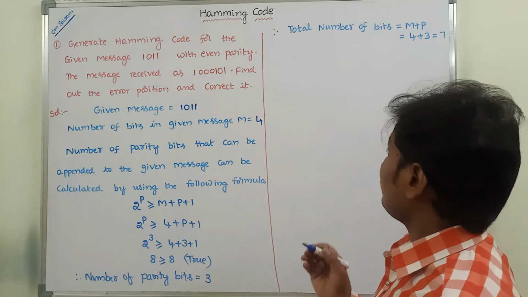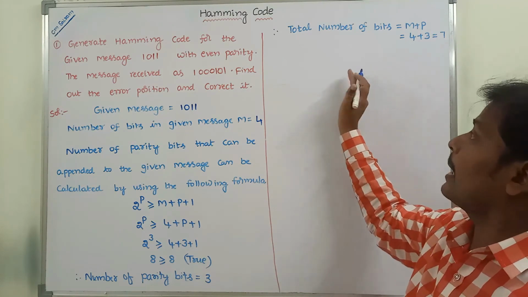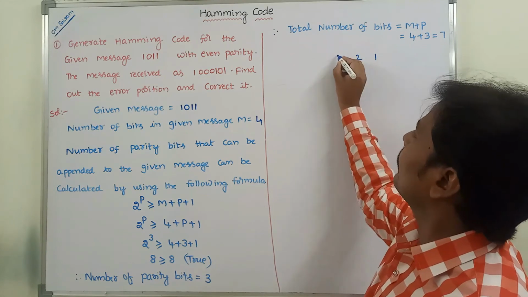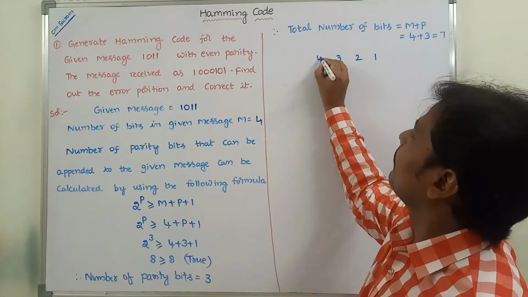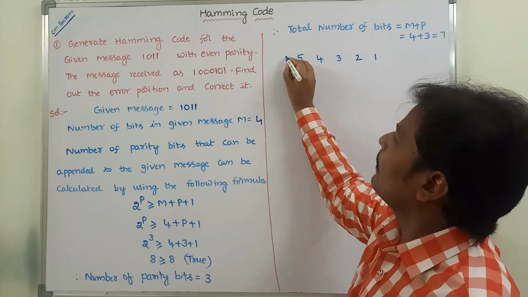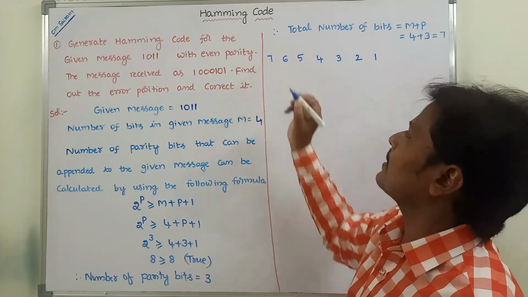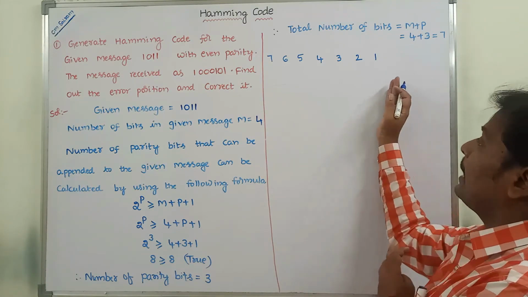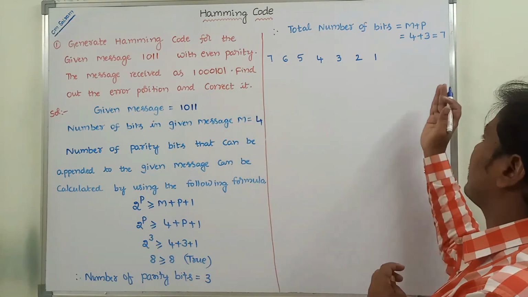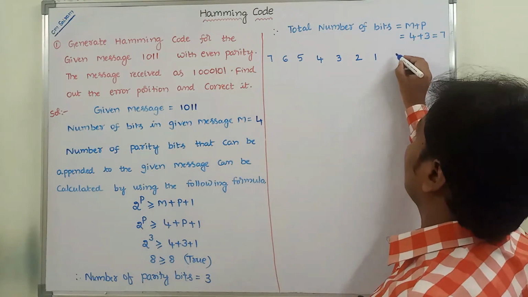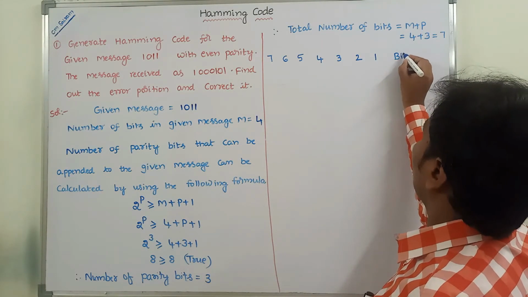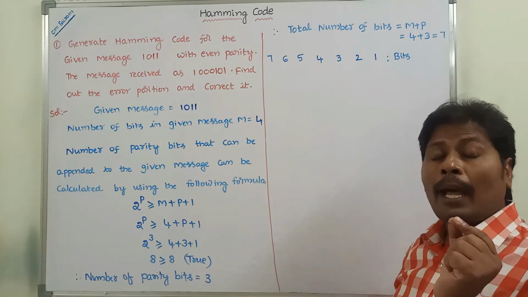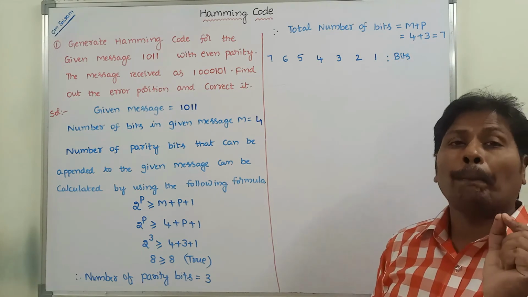Now, those 7 bits can be written in this form: 1, 2, 3, 4, 5, 6 and 7. These 7 bits are written from LSB to MSB, that is, right hand side to left hand side. Next, where is the location of the parity bits?